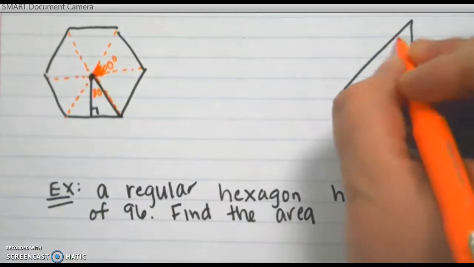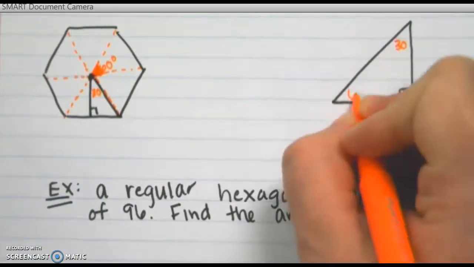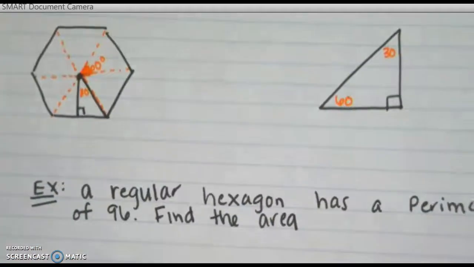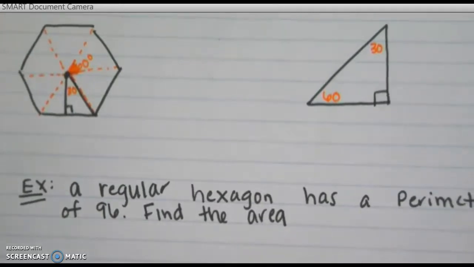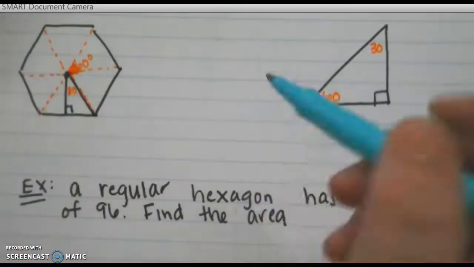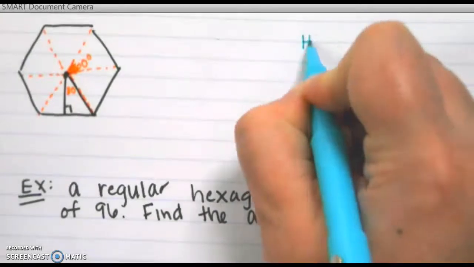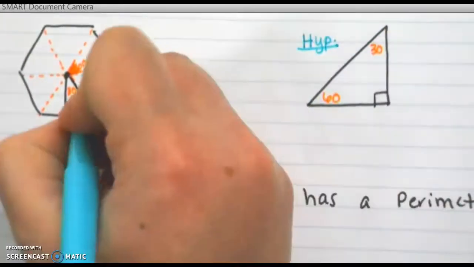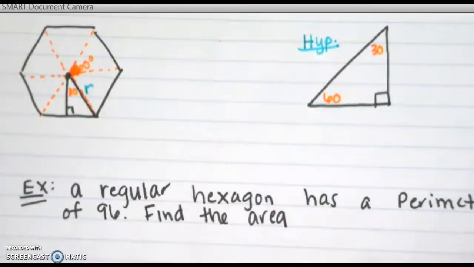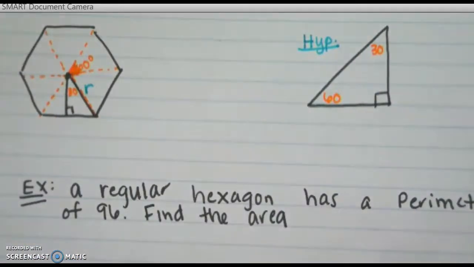So I just drew it the other way around. But basically, you have a 30, 60, 90 triangle whenever you're dealing with a regular hexagon. So there are certain ratios that are for all 30, 60, 90 triangles. So first of all, this is the hypotenuse of the triangle, which would also be the radius of the entire shape of the hexagon.